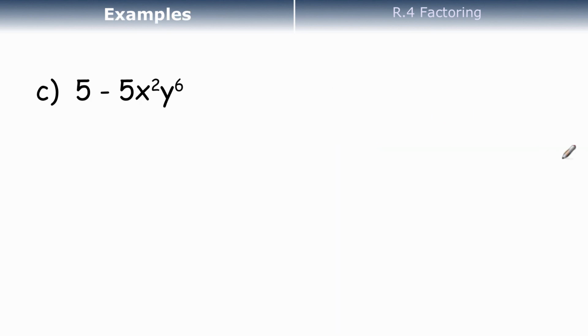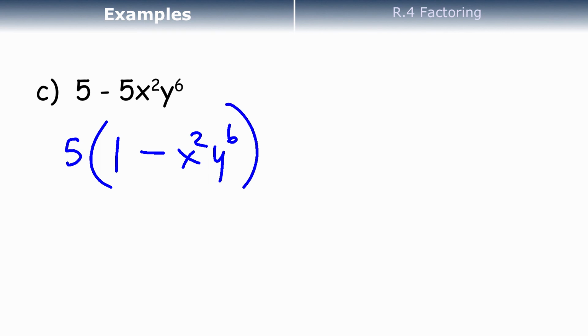I don't know if you could do that with that one. Let's just try it. There's a common factor of 5. Take a 5 out, take a 5 out of that, left with 1 minus x squared y to the 6th. Here there's two terms, difference of squares. So I can put my two brackets. 1 is a funny number because it's 1 times 1, so I could split 1 into 1 and 1.